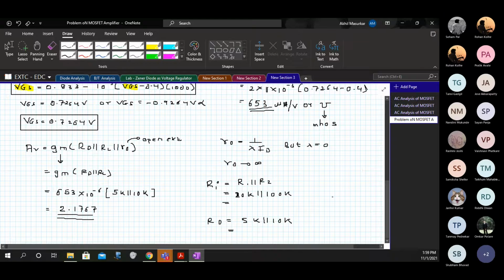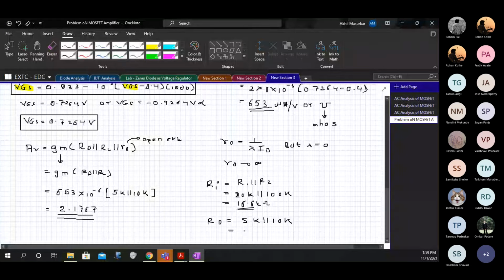Ri is, wow, so you want me to calculate the number of 6. Okay. It is 16.66 kilo ohms, correct.